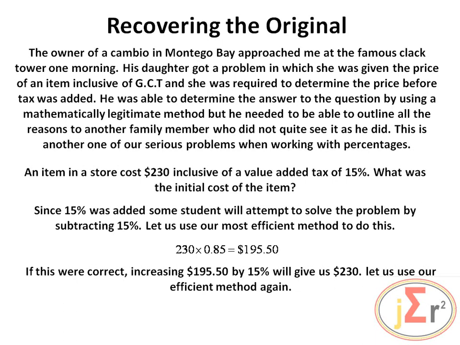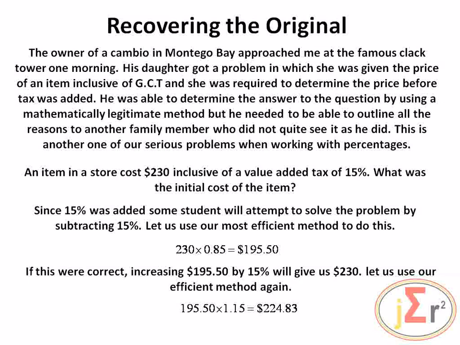And do not forget, increasing by 15%, 115%, divide by 100, 1.15. So we're going to be multiplying $195.50 by 1.15. And that is what we get. We got $224.83, which did not quite go up to our $230.